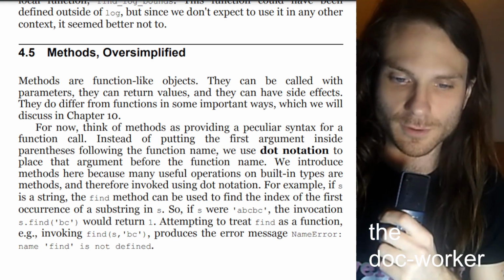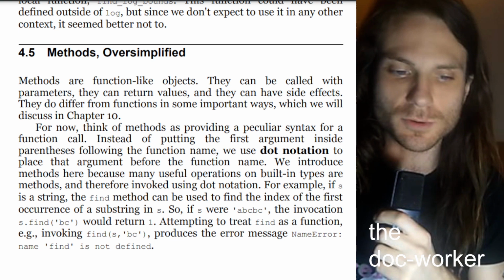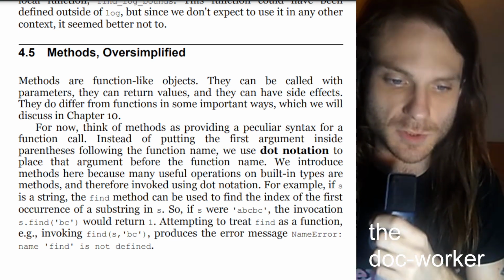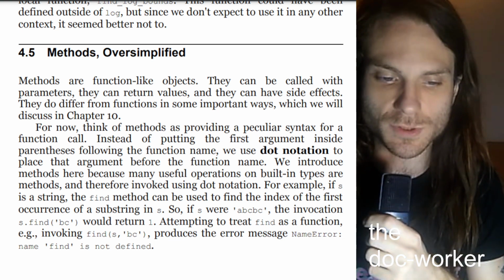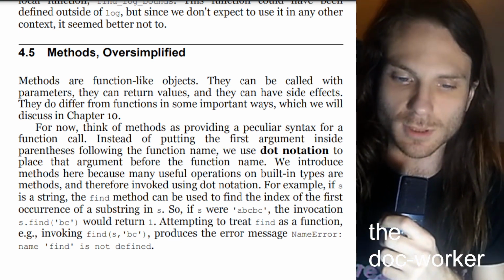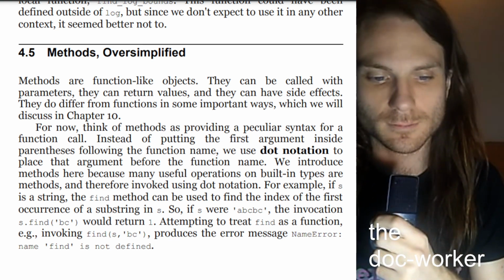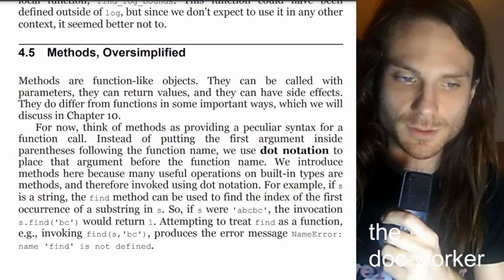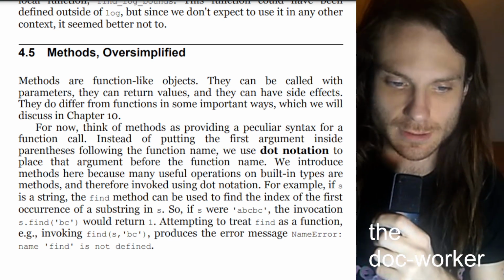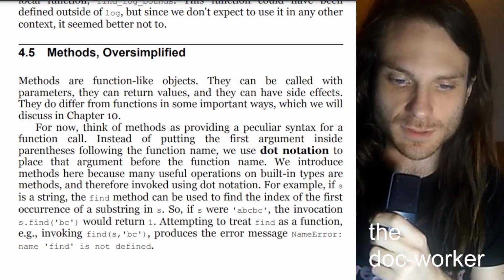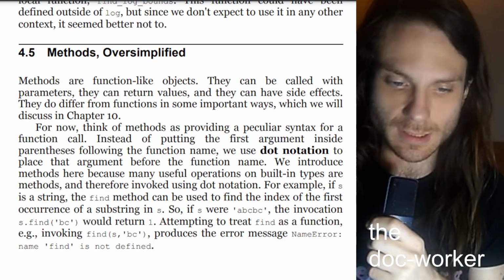Instead of putting the first argument inside parentheses following the function name, we use dot notation to place that argument before the function name. We introduce methods here because many useful operations on built-in types are methods, and therefore invoked using dot notation. For example, if s is a string, the find method can be used to find the index of the first occurrence of a substring in s.